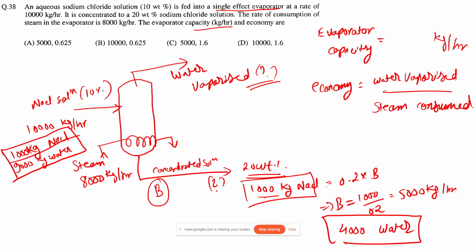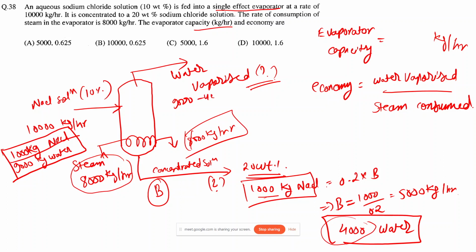Now in the top we have to find the water vaporized. So this steam will not take part in any of this material balance. It will just provide heat to the system. So at the exit it will also remain 8000 kg per hour only. But we are feeding this 9000 kg water, and out of this 9000, 4000 kg of the water is present in this concentrated solution, and the remaining amount of water, that is 9000 minus 4000, will be the water that has been vaporized.